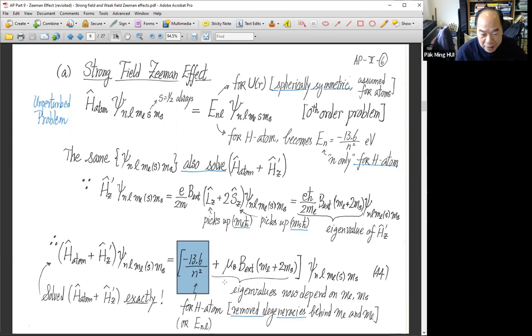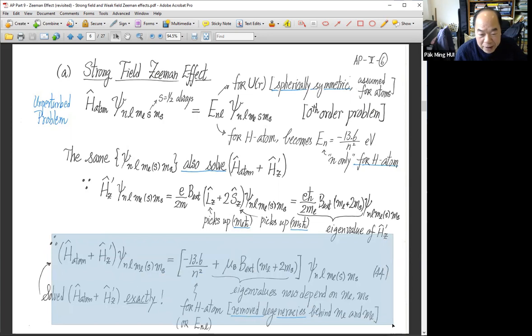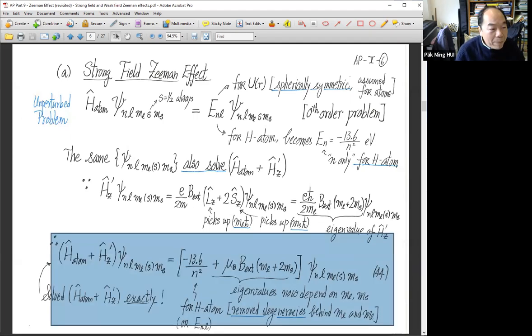I'm using hydrogen as the example. And then the Zeeman term will have the effect of mu B times B that defines how much the splitting will be. This is an energy, and then times the number of order 1, ML plus 2ms. Okay, so I pause here to see whether everybody understands that we have done the Zeeman part rigorously. Okay, you follow? Although we are not done yet, but this is a big step.